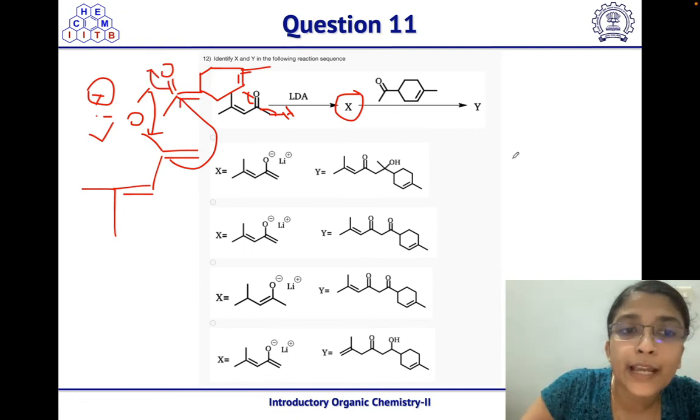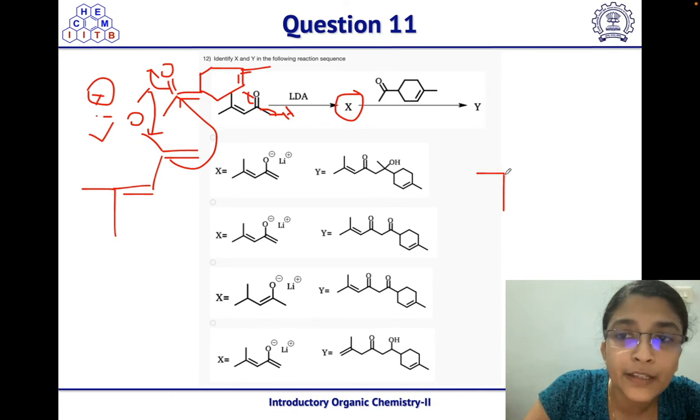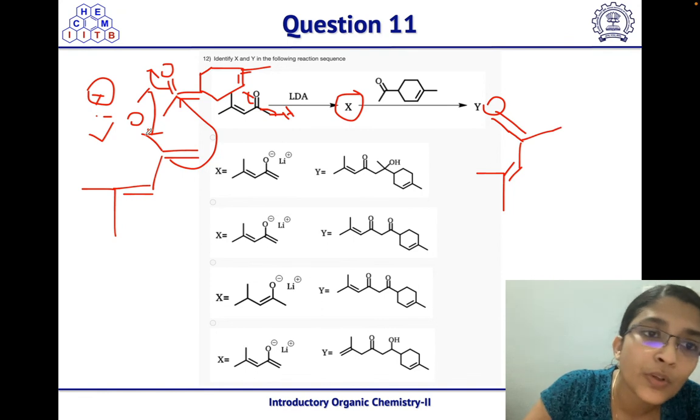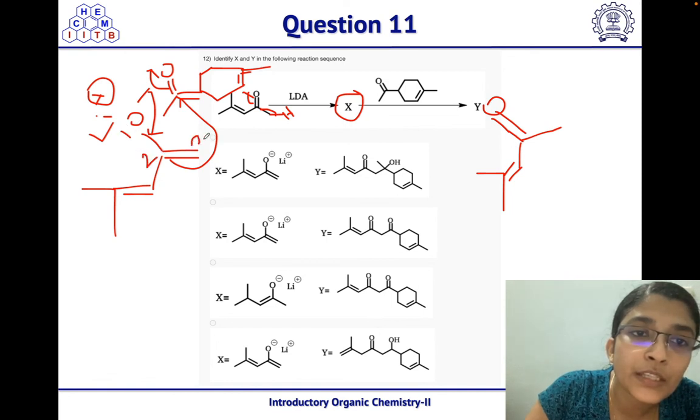So what will be the aldol product we are getting here? It will be double bond O, CH2. This will be carbon 1, 2, 3, here 4 and 5.